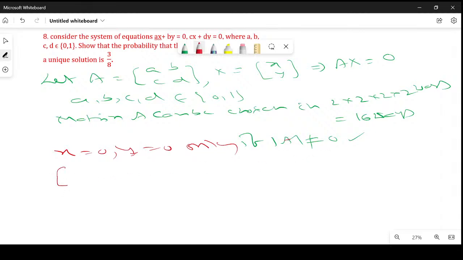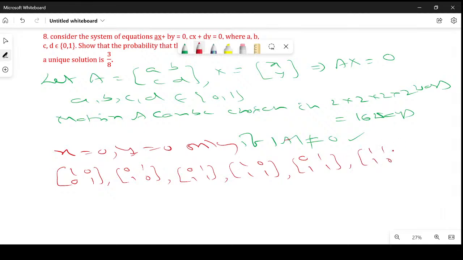You can see the matrix 1 0 0 1. This is one matrix I can consider. Another possible one is 0 1 1 0. So I am writing all the possibilities: 0 1 1 1, 1 0 1 1, 1 1 0 1, and 1 1 1 0.